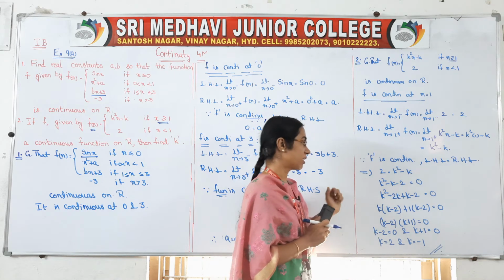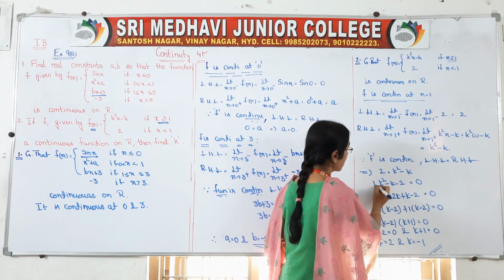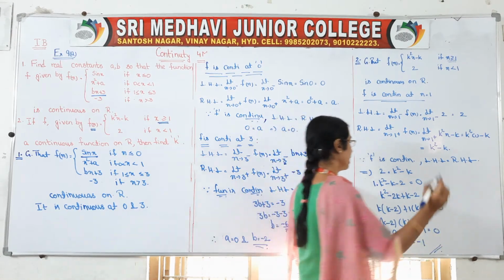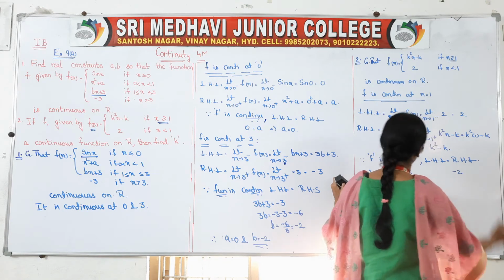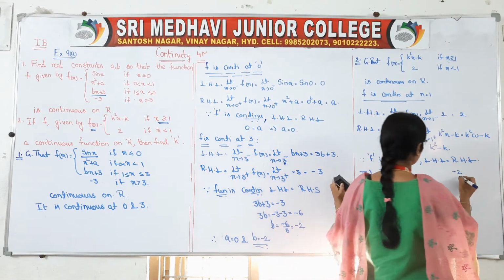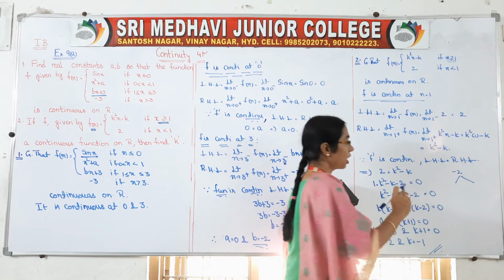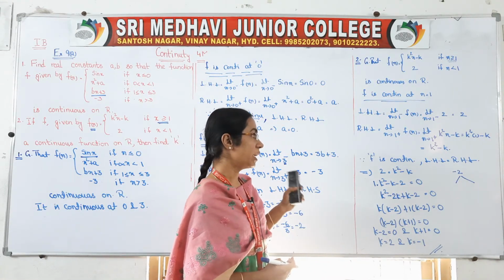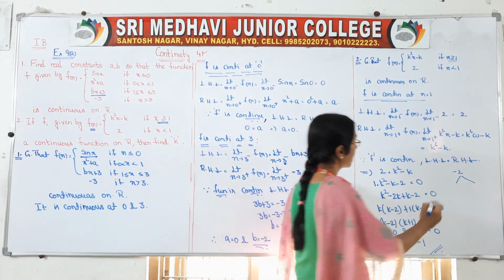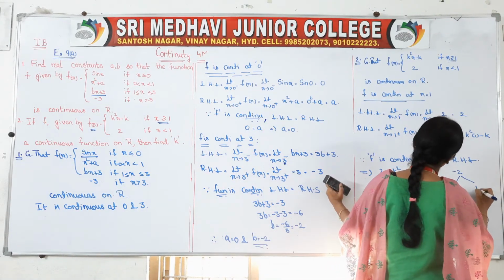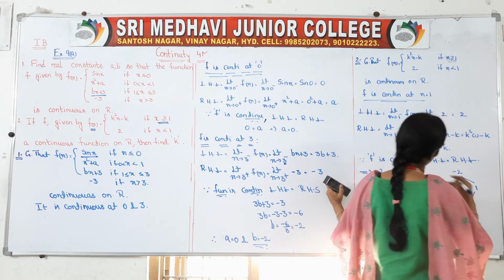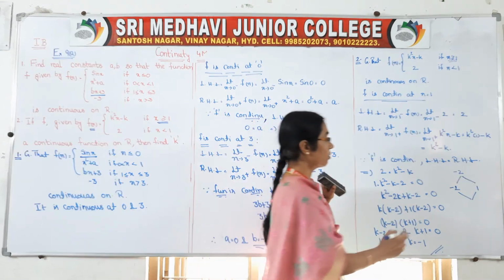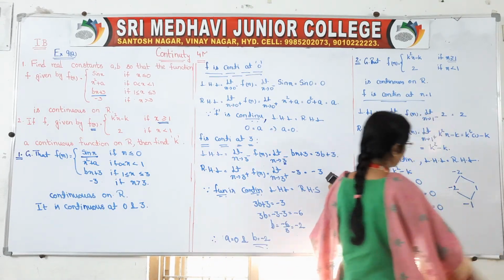Try to get the factors. How will we get the factors? We should multiply this number with the coefficient of k square, so that is minus 2. So we have to select two numbers whose product should be minus 2 and whose sum should be minus 1. You take minus 2 and 1. If you multiply, its product will be minus 2. If you add, you will get the sum as minus 1.